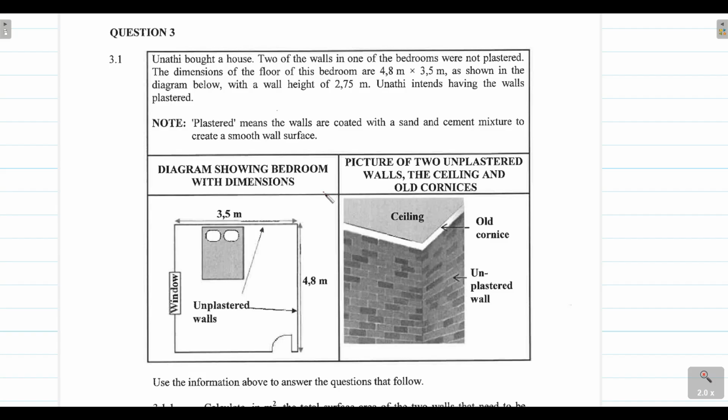Is it a square? Most homes have rectangular walls, right? So to calculate the surface area of that wall, you'll just take the length multiplied by the breadth, because by doing that we will be determining the area of the surface of that wall.